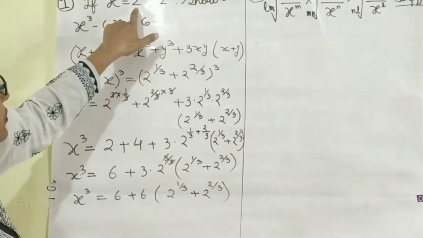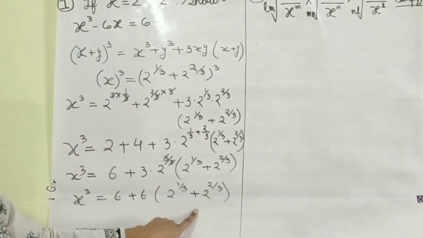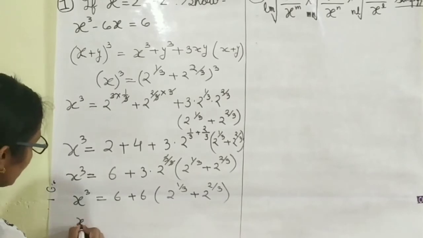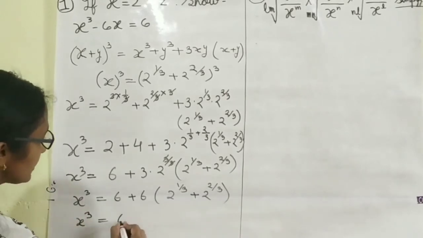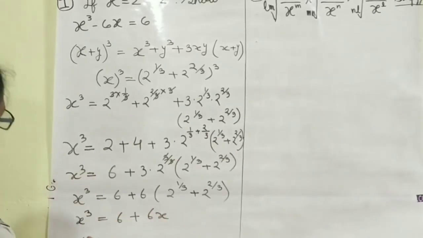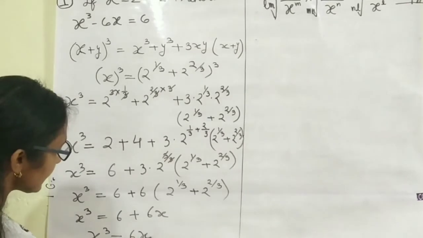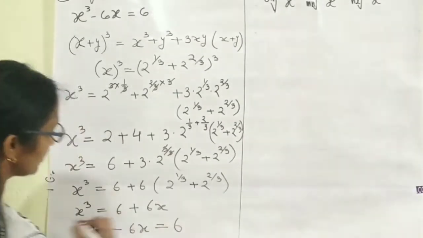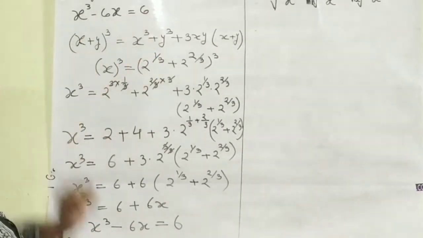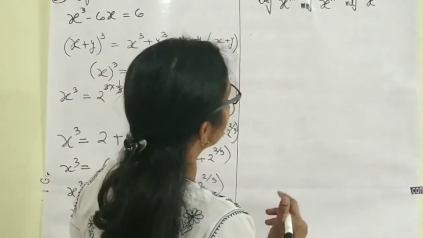So we will put the value of this here. So x cube equals 6 plus 6x. So x cube minus 6x equals 6. We have proved it. Now, next example.